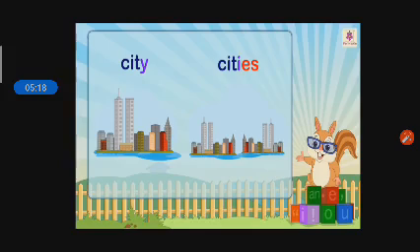Before Y, this is T. T is consonant. Okay, we have to drop Y in the answer. Can you see Y in the answer? No. Instead of Y, I wrote IES in the answer to make plural form. City, cities.